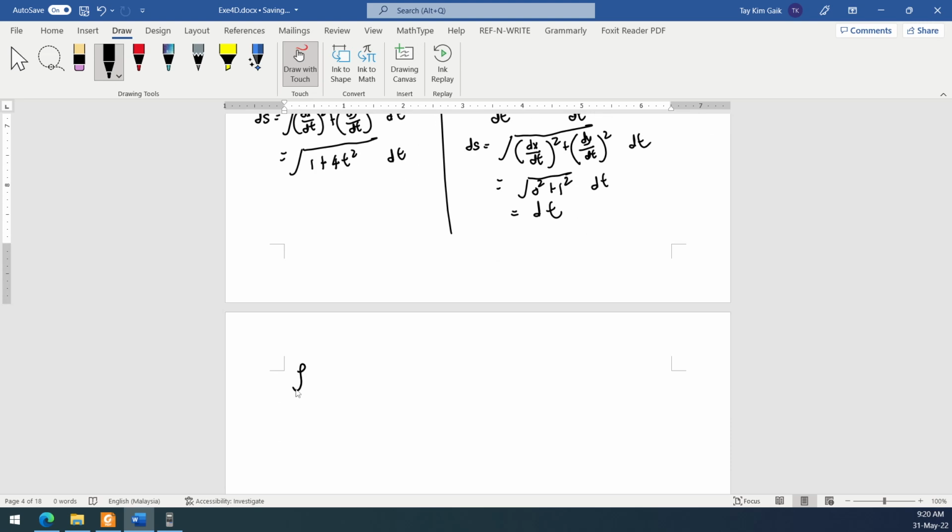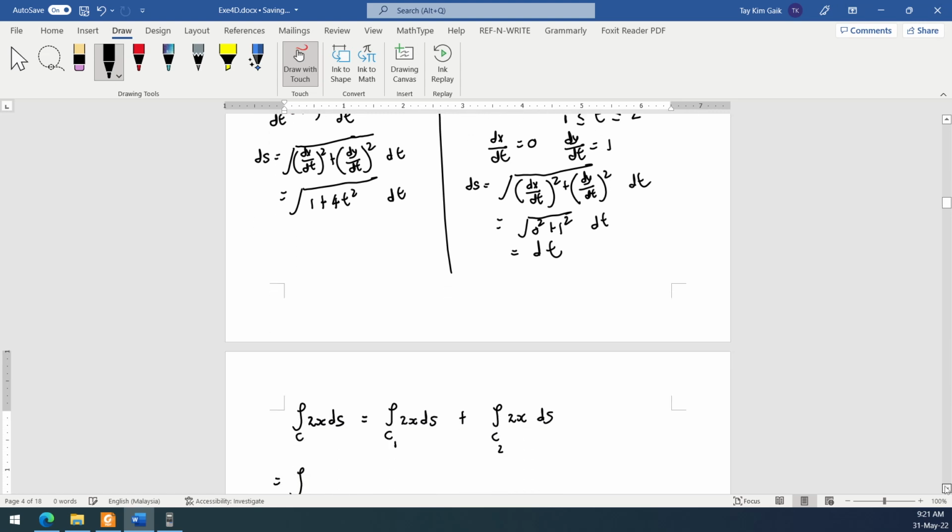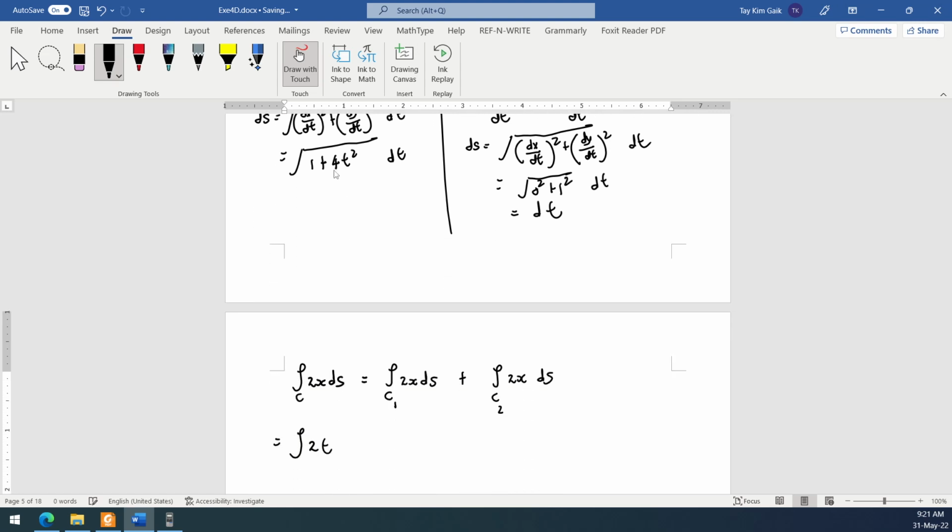The line integral of 2x ds, you have to break it into the integral of 2x ds along C1 added to the integral of 2x ds along curve C2, because curve C breaks into C1 and C2. For curve C1, looking back at the parametric equation, x is t, so you have 2t, and ds is the square root of 1 plus 4t squared dt.